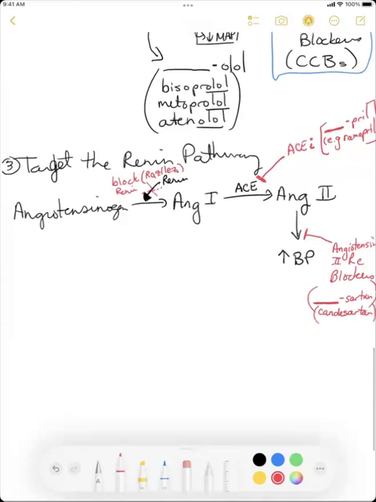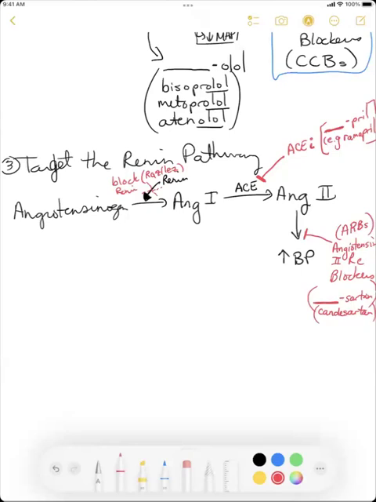The ones that we tend to use the most, because they have the most evidence behind them, are the ACE inhibitors and the angiotensin II receptor blockers. The angiotensin II receptor blockers, short form is ARBs. We call them ARBs.